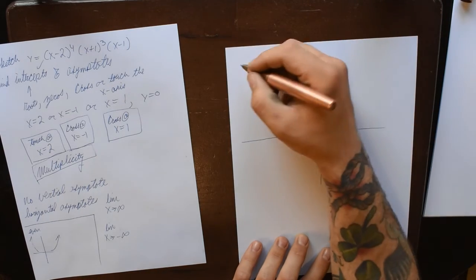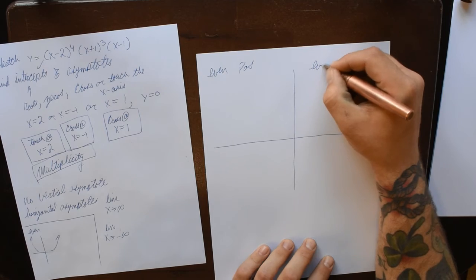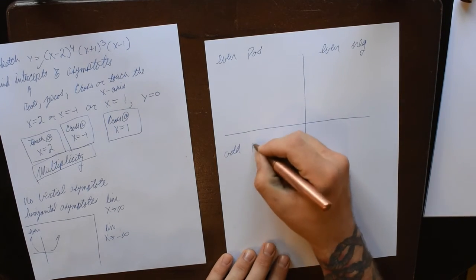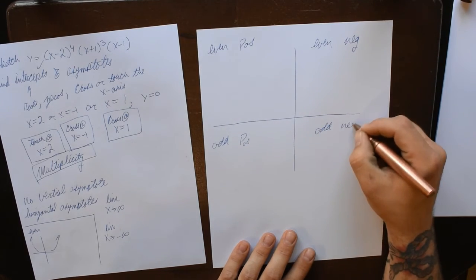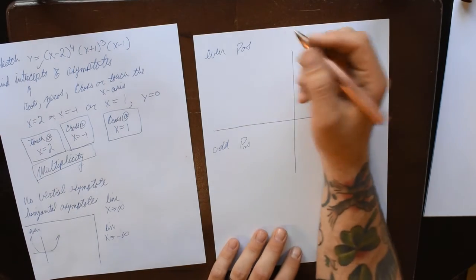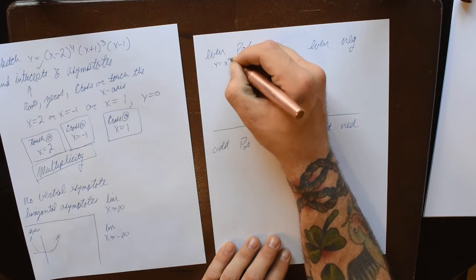So we'll say even positive, even negative, odd positive, and odd negative. For an even positive polynomial, an example is something like y is equal to x to the fourth.